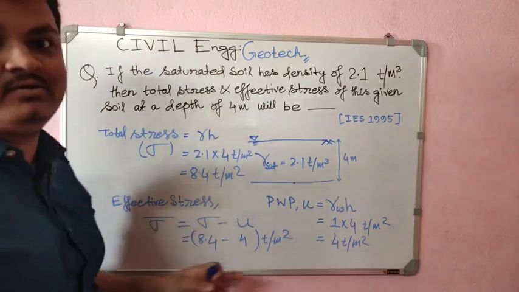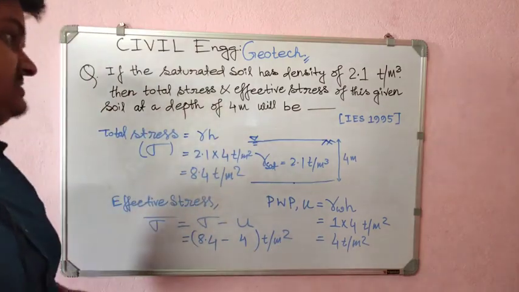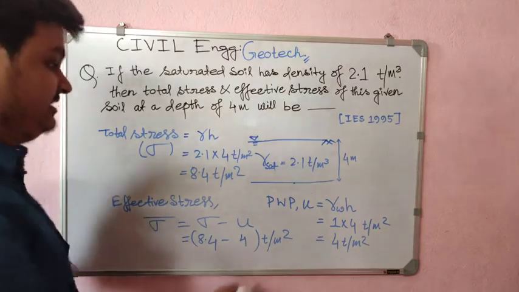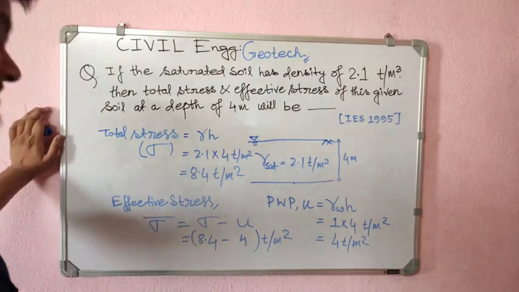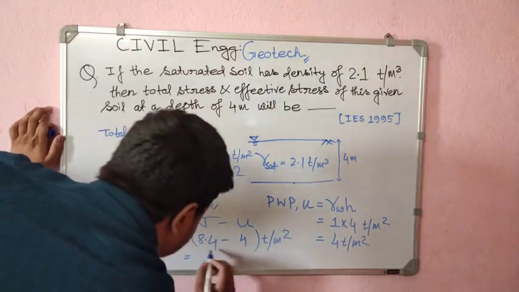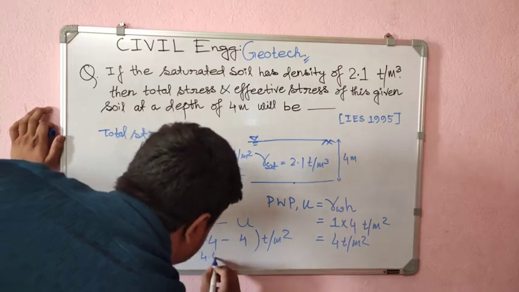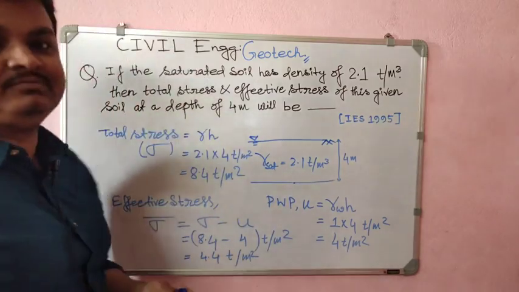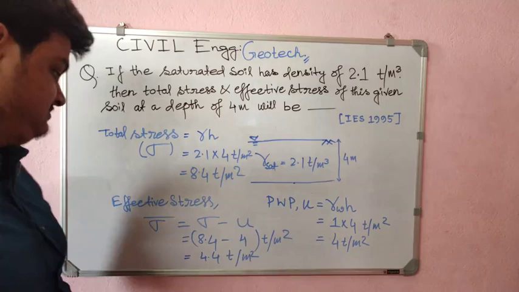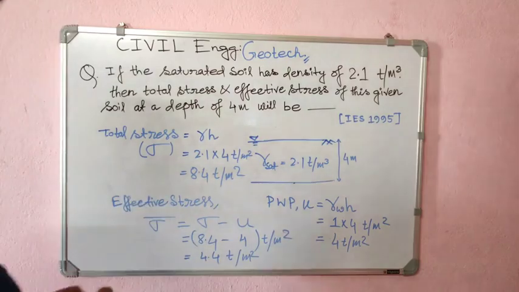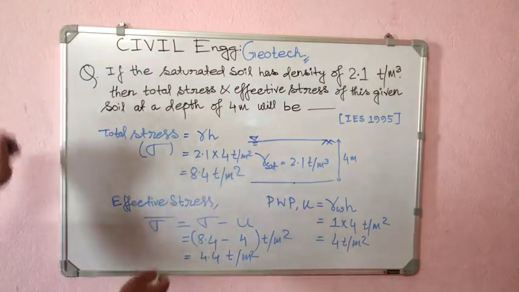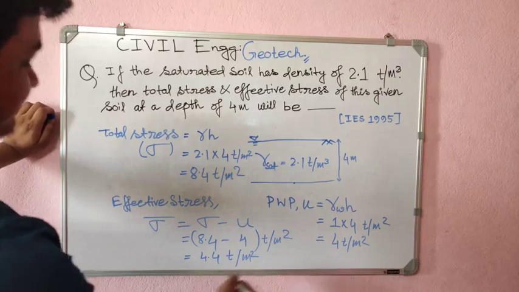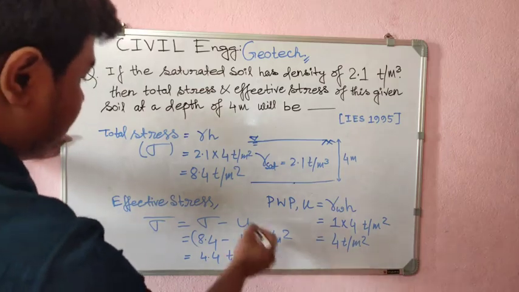Always keep in mind the unit, because in the exam they will change the unit, so always keep in mind what unit you are writing. Then it comes to 4.4 ton per meter square, and this is the answer. So our answer is: total stress is 8.4 ton per meter square, and effective stress is 4.4 ton per meter square.